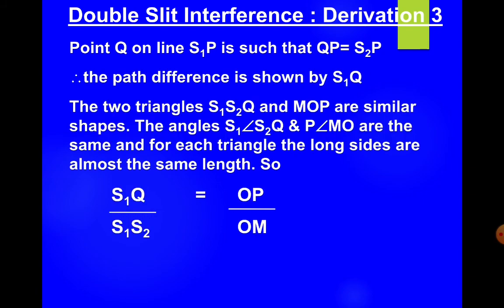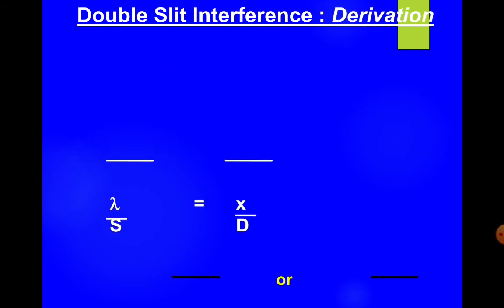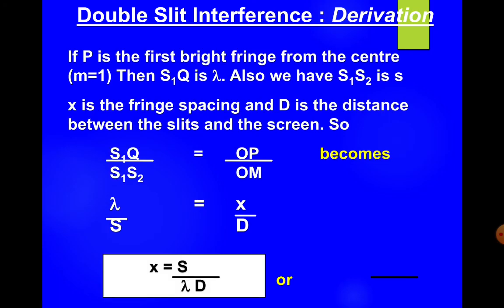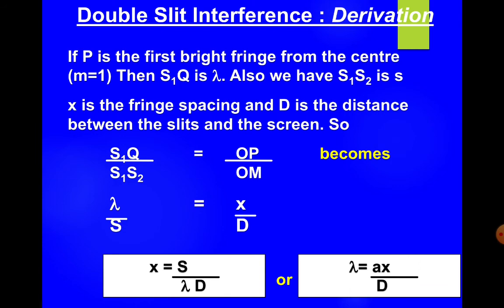Okay, you may check this, you don't need to derive it, but we need to understand the formula for the double slit experiment. We have the lambda, we have the fringe, we have the distance.